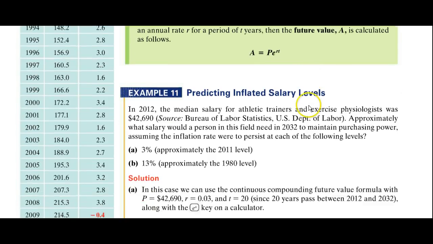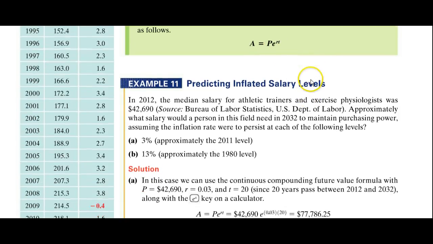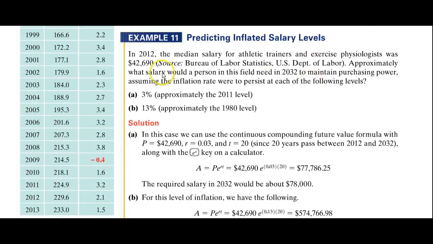So let's look at example 11, keeping in mind we're going to use this formula. In 2012, the median salary for athletic trainers and exercise physiologists was this.